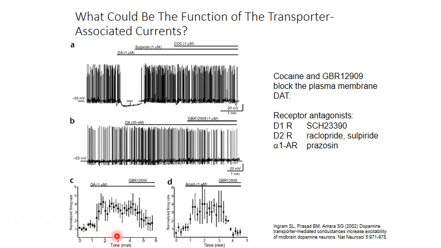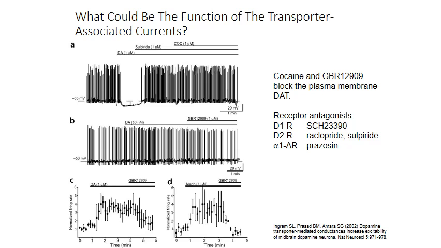The bottom two graphs show the same data. What's on the y-axis is just the frequency of firing as opposed to the raw traces. So you can see dopamine stimulating the frequency of firing and the dopamine transporter antagonists blocking it, or amphetamine increasing the frequency of firing and the dopamine transporter antagonizing it.